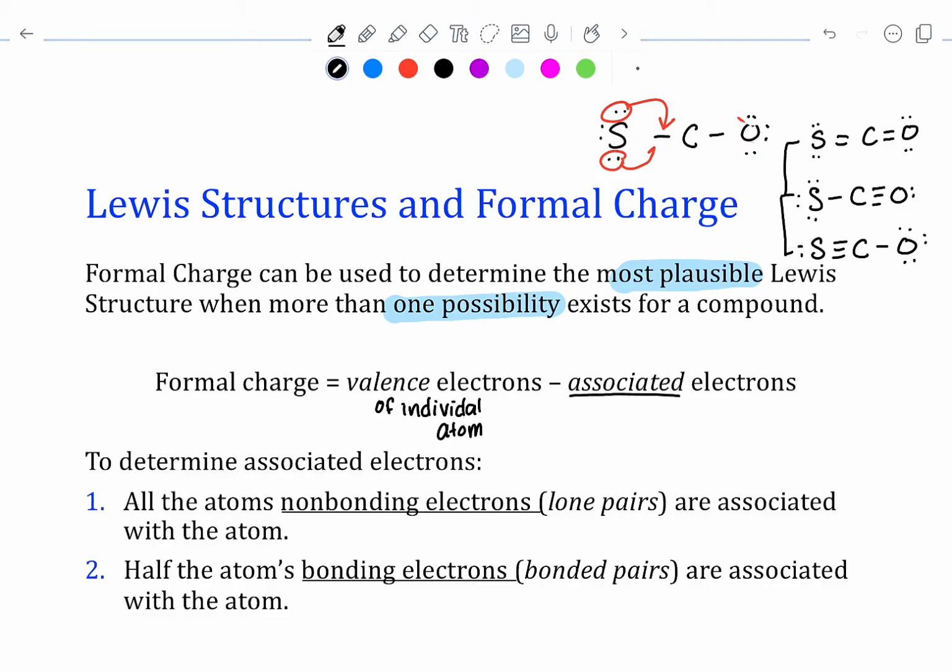So our associated electrons down here are categorized as the number of non-bonding electrons, aka lone pairs, as well as half of the atom's bonding electrons, which would be our bonding pairs. Okay, so the lone pairs, these are the ones that are localized on the individual element. And the bonded pairs are the ones that are shared.